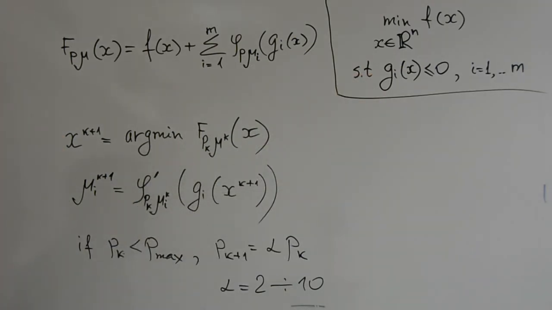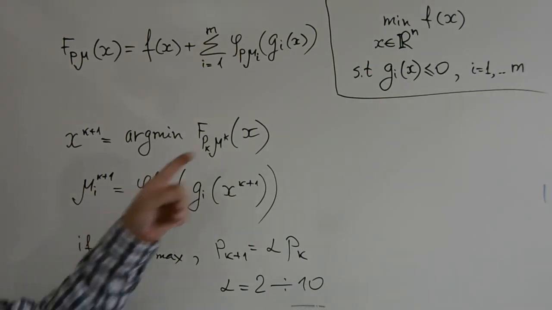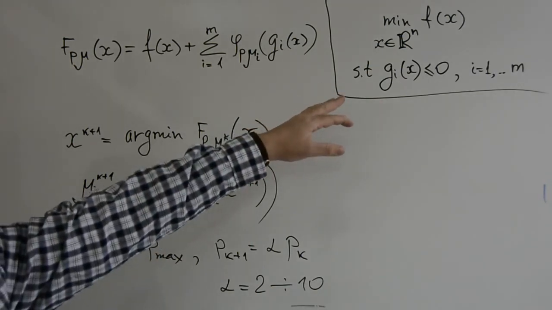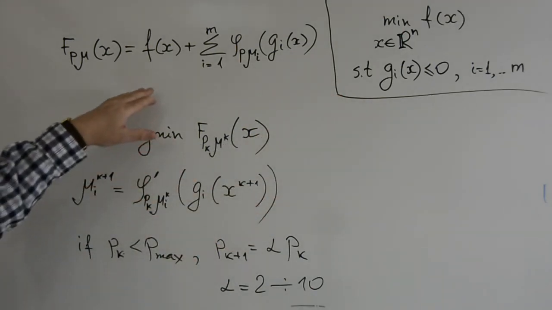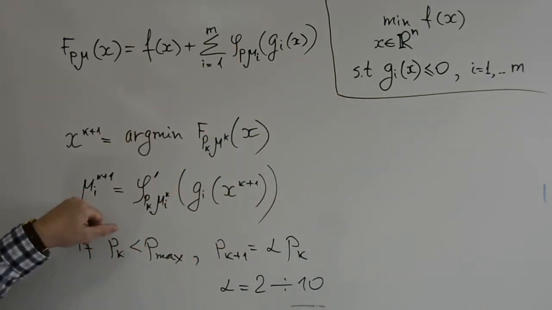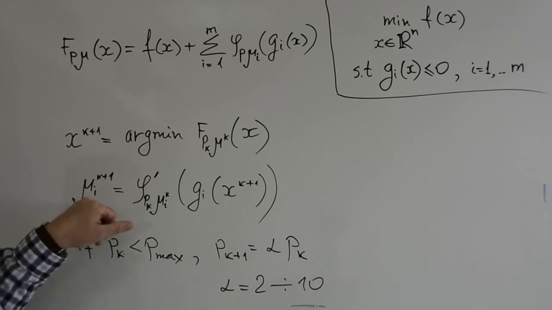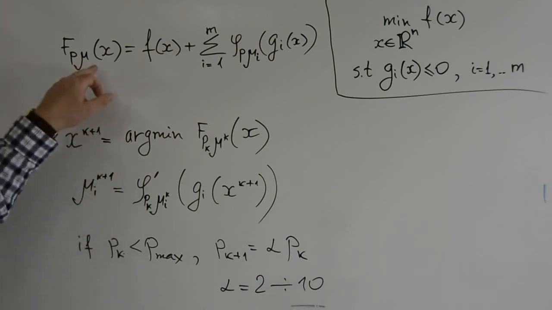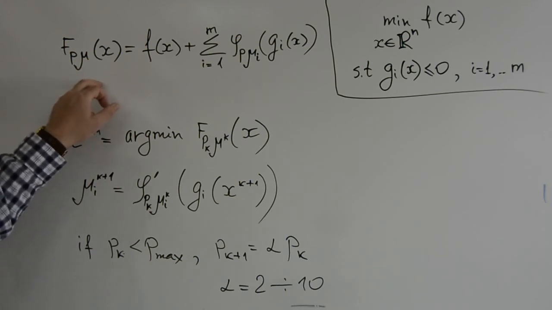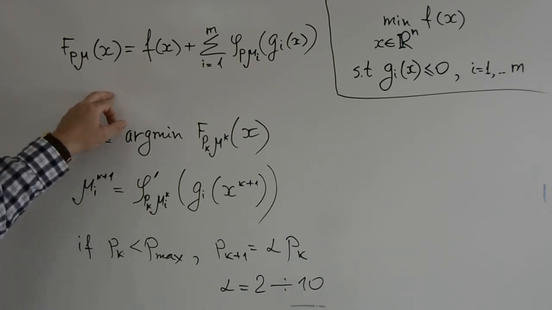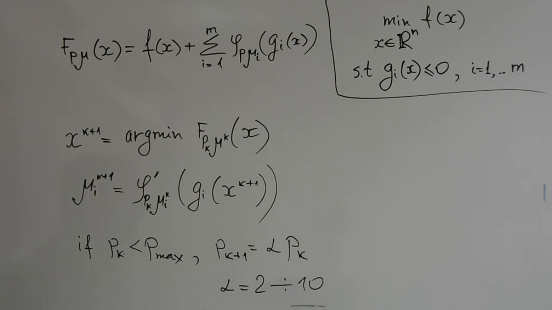More than this, if we know accurate Lagrange multipliers of our problem and substitute them from the beginning as mu, then one can show that even in one unconstrained optimization we can get an accurate solution to our problem.